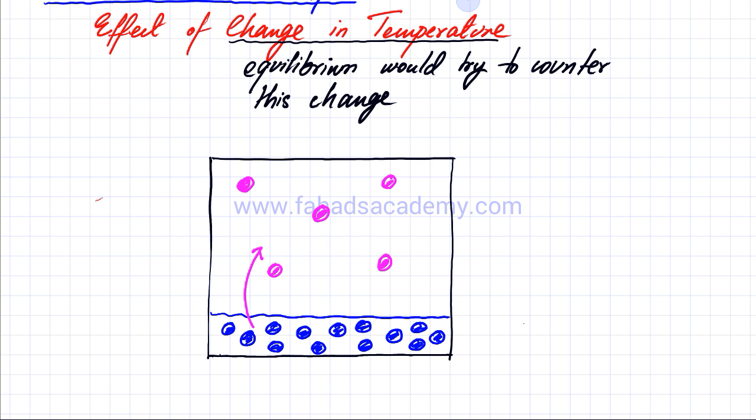And when it does that, some of the molecules in H2O gas would be converting back, condensing back into liquid state again if they lose energy. So if the liquid molecules gain energy, they evaporate and turn into steam. Vice versa, if the steam molecules lose energy, they condense and form liquid water again.